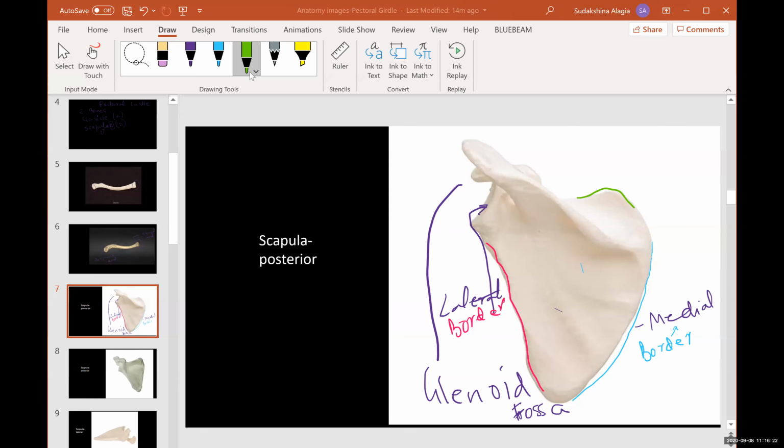The bone is projecting at an angle. Angle here, angle here. What do we refer to this angle as? Superior angle. Because now I know that's the superior, that's how the bone is in the body. Superior angle, inferior angle.